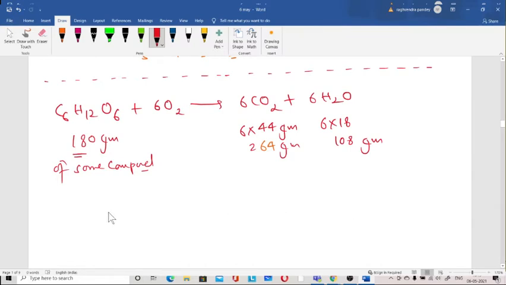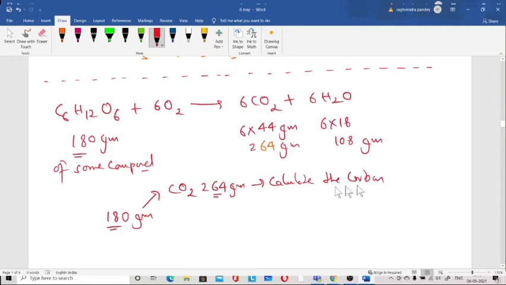You know that it is glucose, so 180 gram is giving carbon dioxide, that is your 264 gram. From this carbon dioxide we can calculate the carbon, and from water, that is your 108 gram, calculate hydrogen.